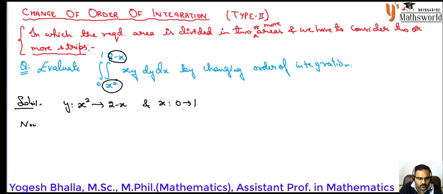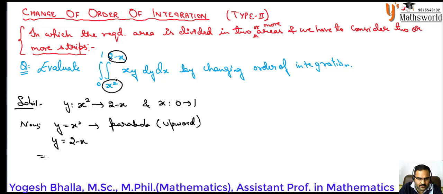Now what is y equal to x square? y equal to x square is a parabola. Which category? It will be an upward parabola. And y equal to 2 minus x implies x plus y equal to 2. So this is a line.